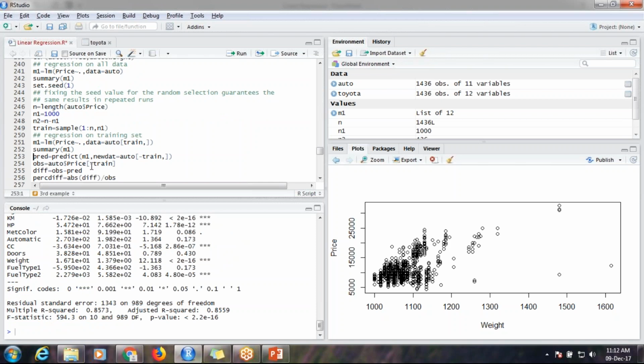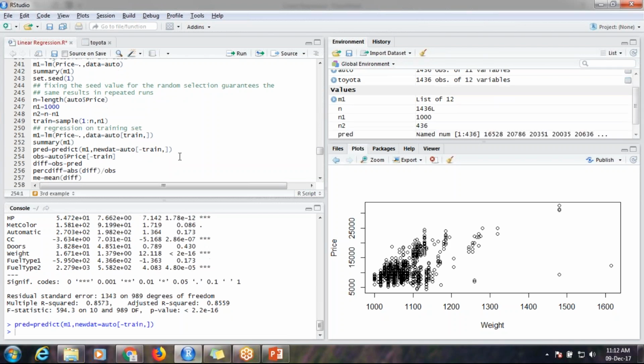So let us understand what is there. So I've just picked all of them, and now I'm trying to predict using the same model on another dataset. So the one excluding the train, let me try to predict and understand what it has done or what it has provided.